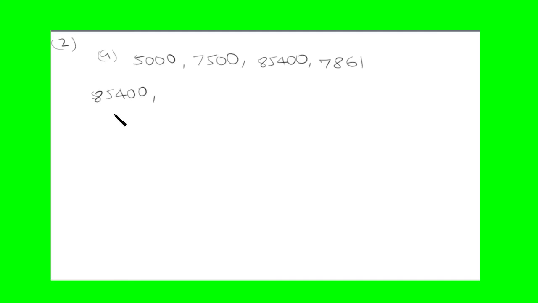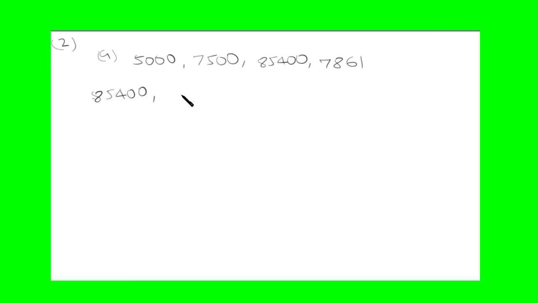Now we have the remaining 3 numbers which are of 4 digits: 5,000, 7,500 and 7,861. So next will be the number starting with 7,000.